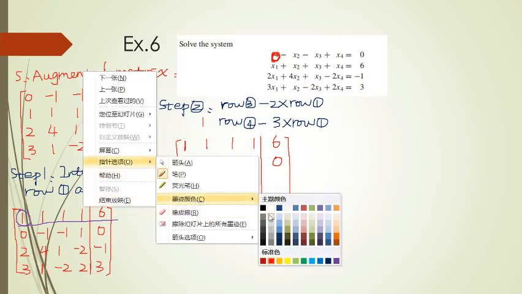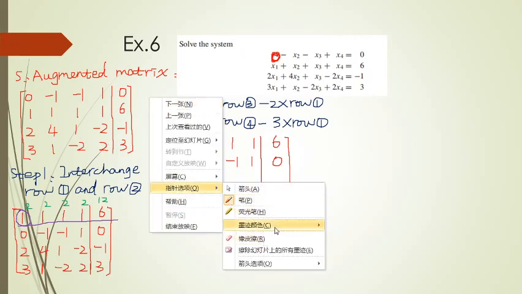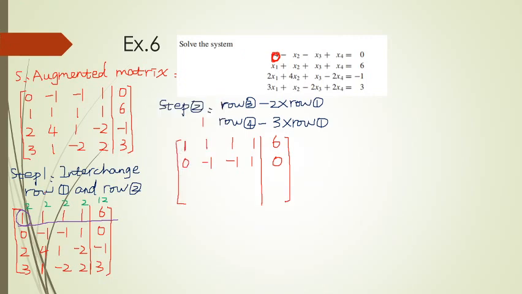I will still use the green color. We multiply the first row by 2 and we get 2, 2, 2, 2, 12, right? Then that will be subtracted from the third row.